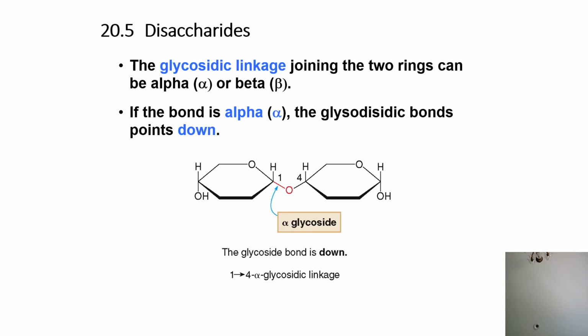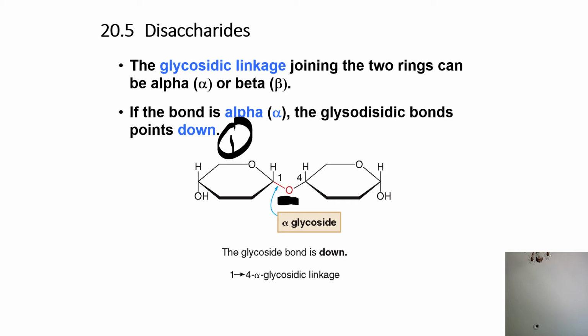So depending upon the position of the hydroxyl group in the first monosaccharide, so this is this one, the linkage is going to be either alpha or beta. And if the bond is alpha, this linkage is reflected by that oxygen being in the down position. Okay, so the glycosidic bond is down.